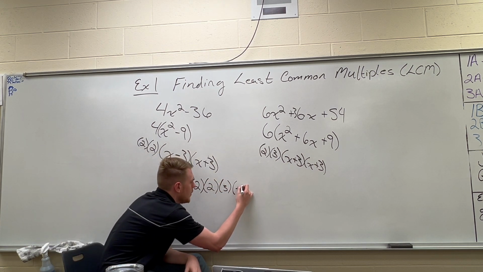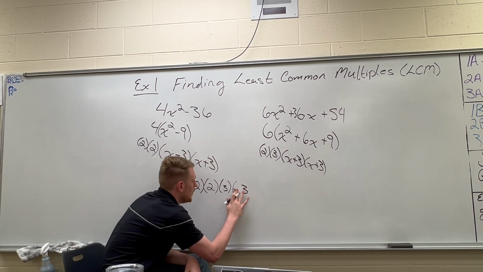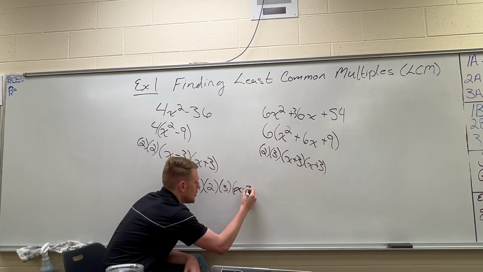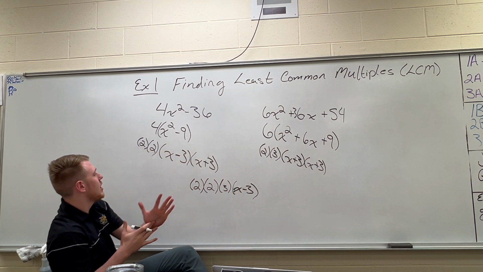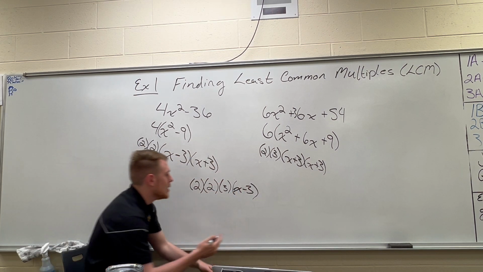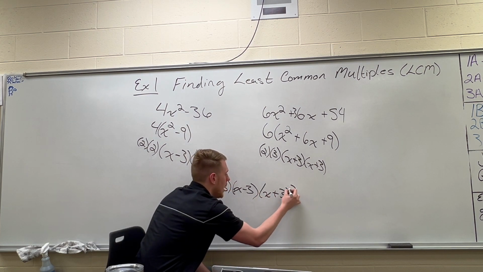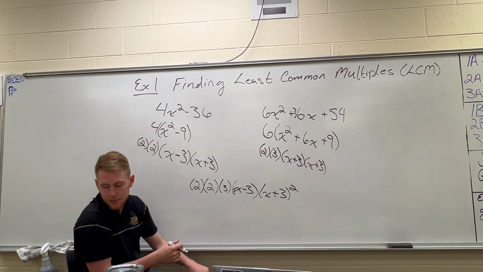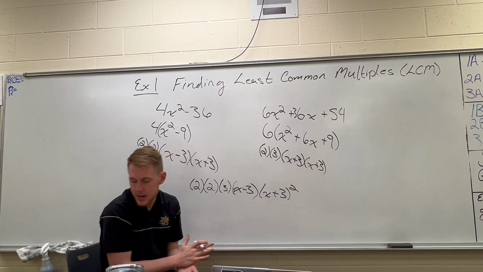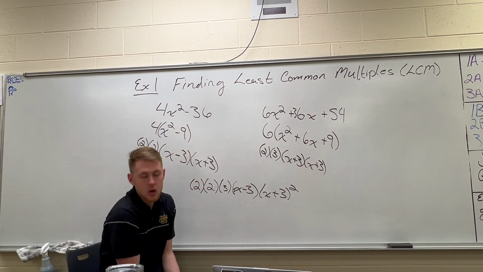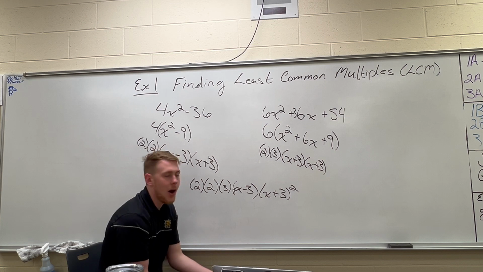X minus 3. Okay, what about x plus 3? It appears once here and twice here. So this is x plus 3 squared. Happens twice. Or you could write x plus 3, doesn't really matter. Okay, so now we just simplify.